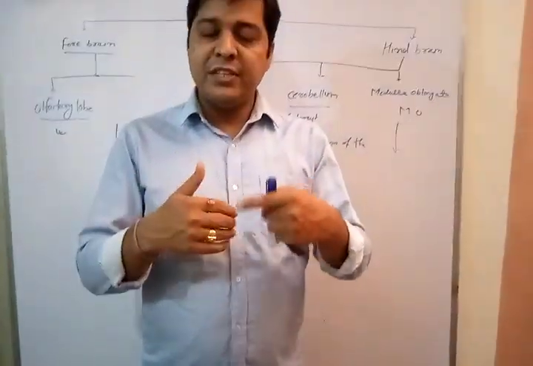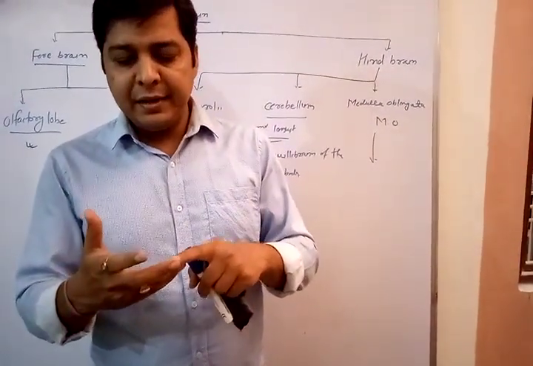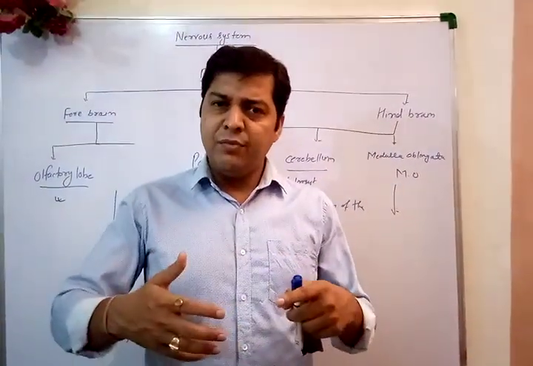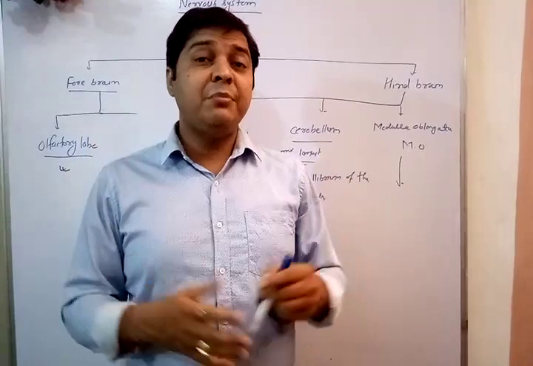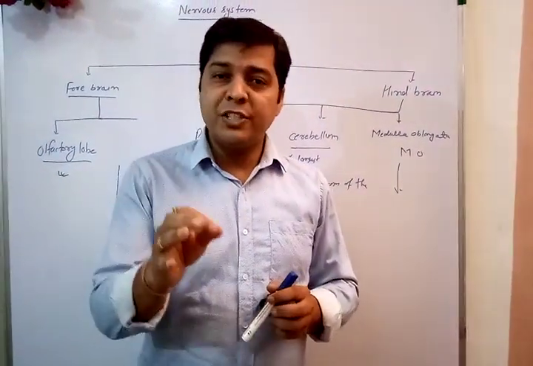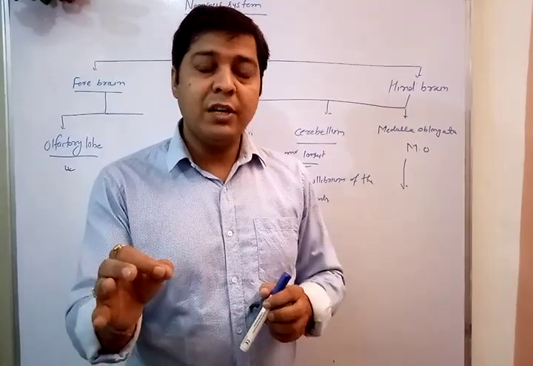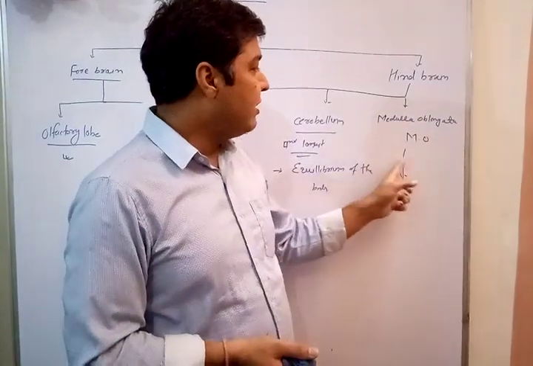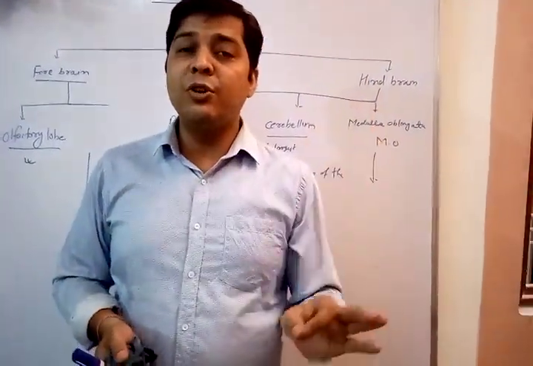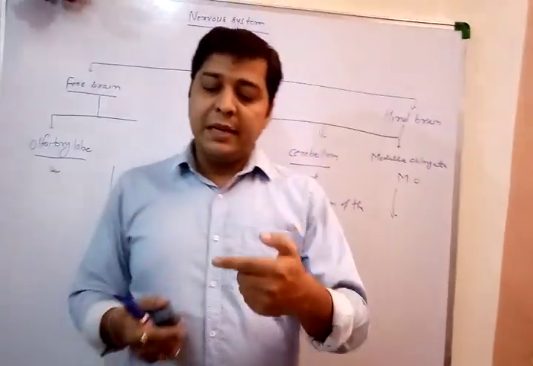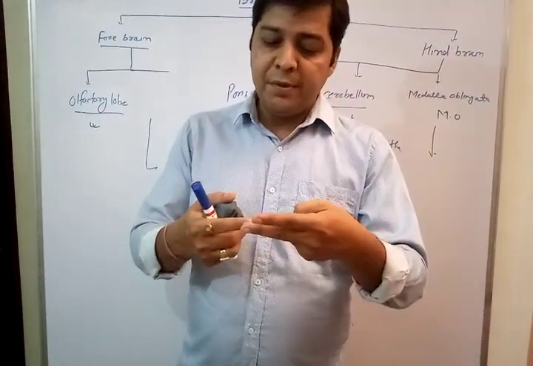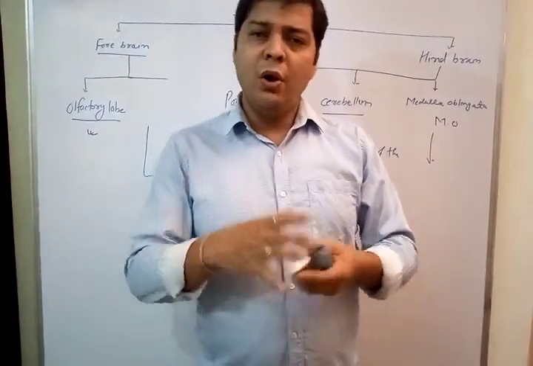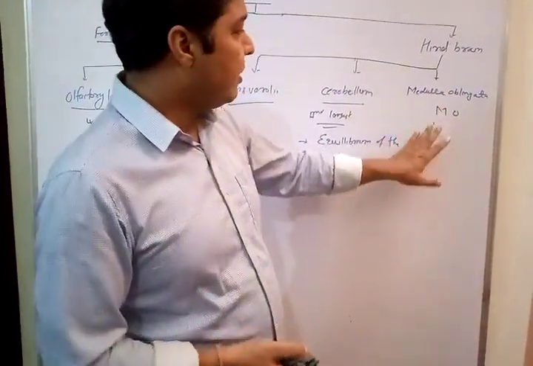Respiration, vomiting, sneezing, and other actions when our body is at rest, at the same time the medulla oblongata controls and coordinates all involuntary actions. They may be respiration, vomiting, sneezing, the digestive system. So all kinds of involuntary actions are performed by the medulla oblongata.